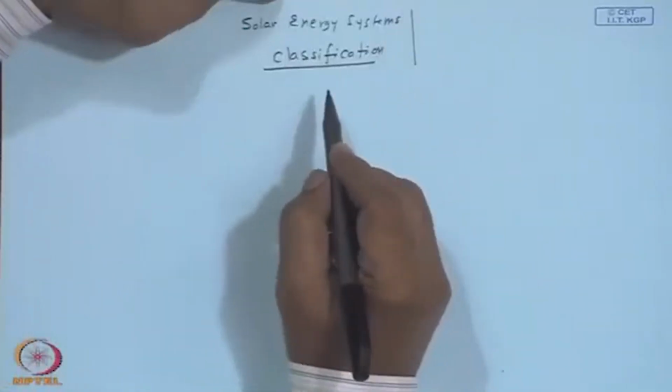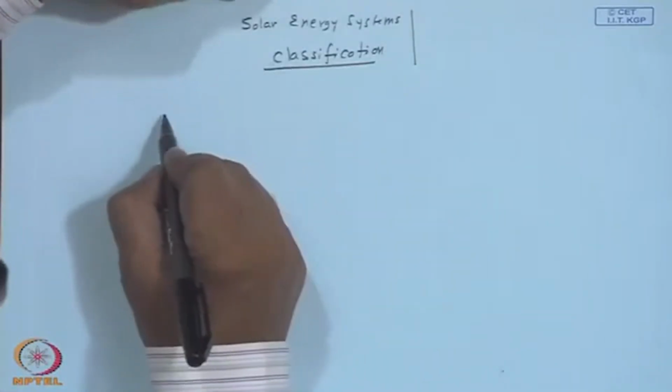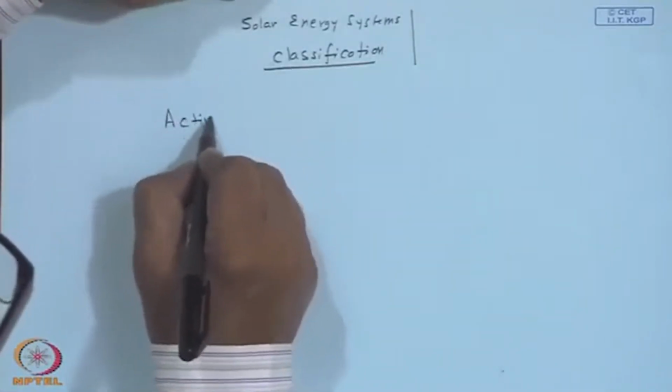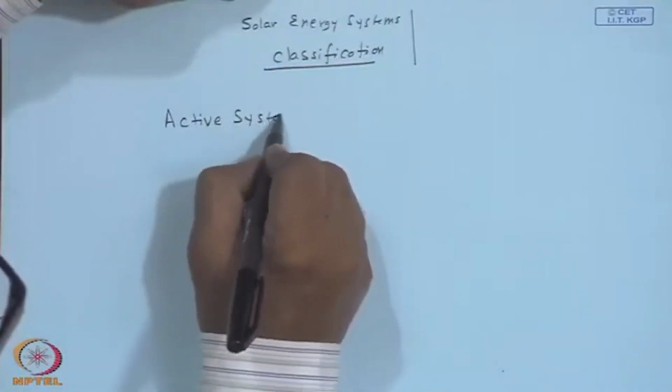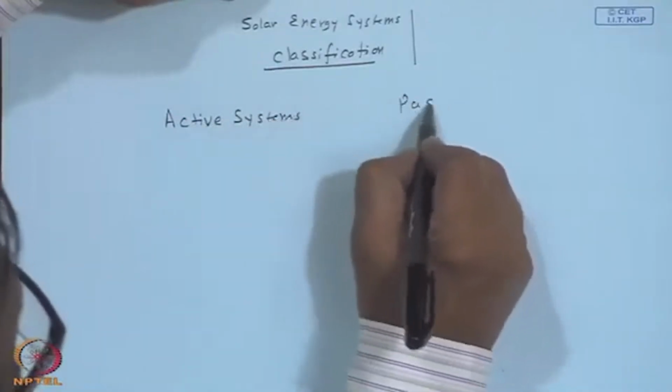Practically, we are in a position to calculate the solar radiation on any tilted surface or tracking surface, and then solar collectors, flat plate or concentrating, we have collected enough detail so that we can have a performance equation from which you can calculate the performance or the output from a solar collector for given input conditions like solar radiation, flow rate, etc. However, we have two major things which we call the active systems and then passive systems.